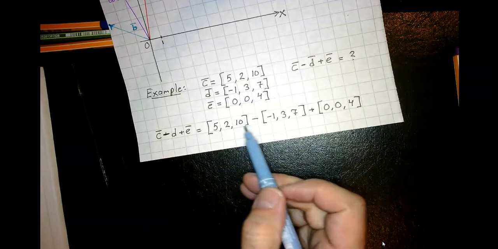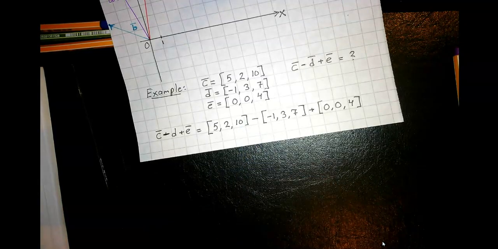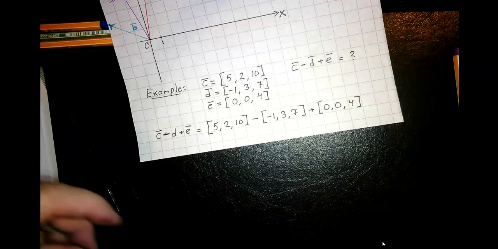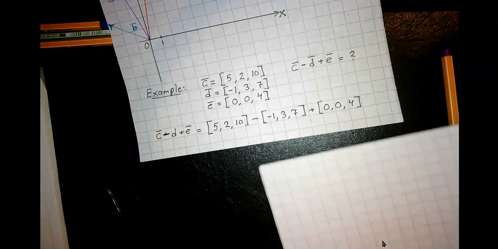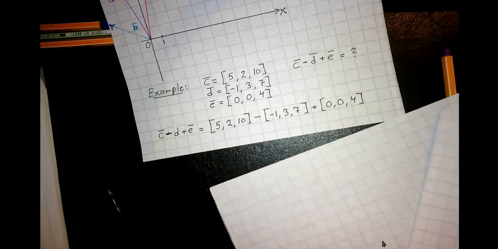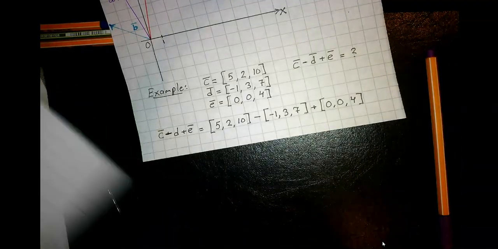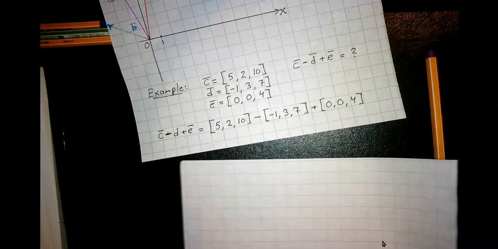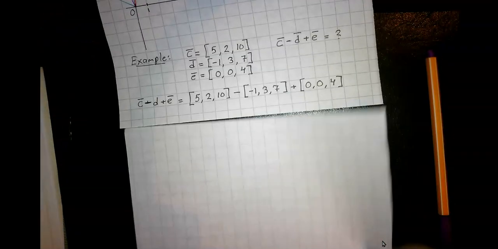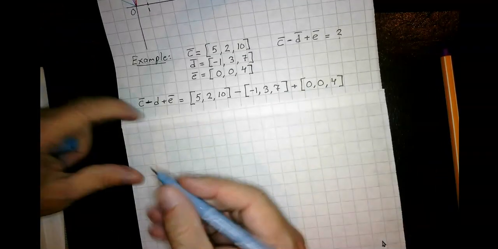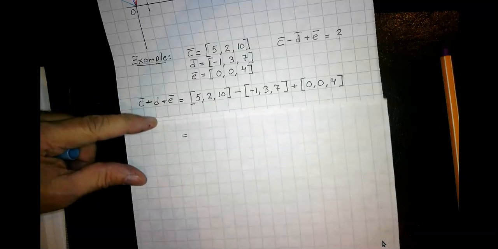So in this case, I lost space. I should have written that a little bit higher than in the paper. I need another paper. So I will continue it here.